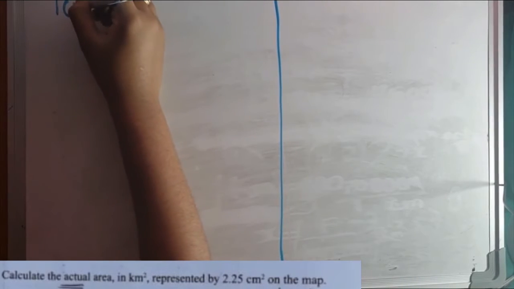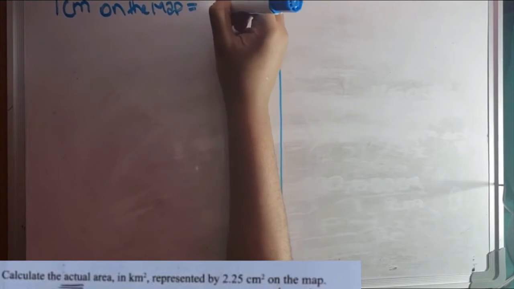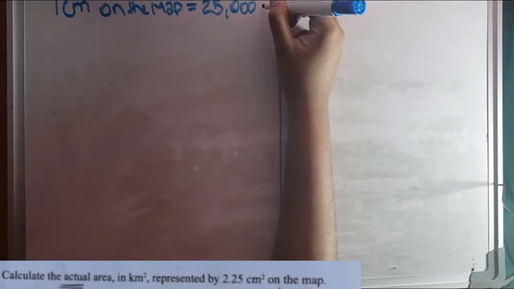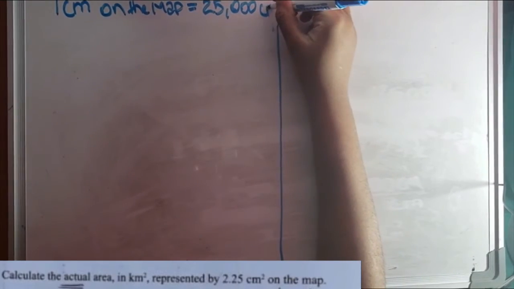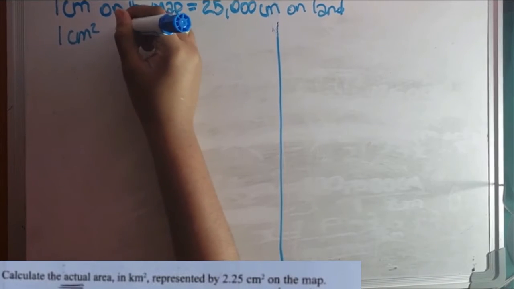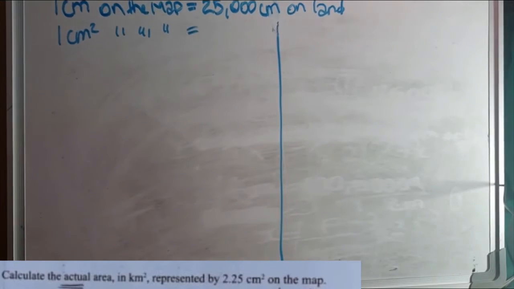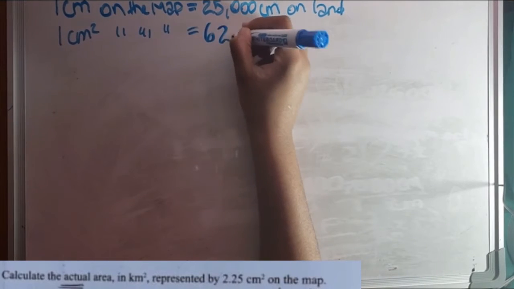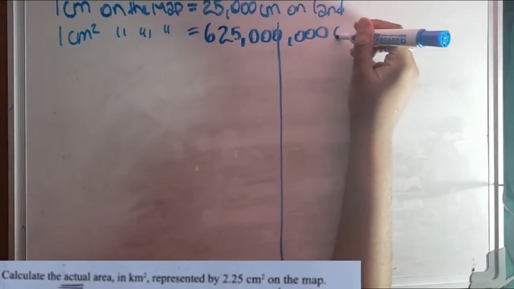So we know that 1 centimeter on the map is equal to 25,000 centimeters on land. 1 centimeter squared on the map is equal to this squared, and that is now going to be a very big number, 625 million centimeters squared on land.